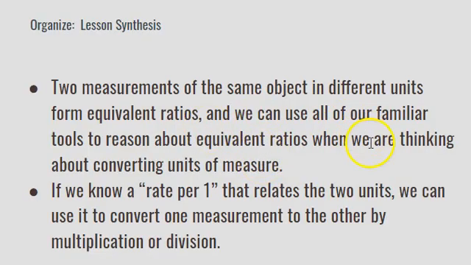So 2 measurements of the same object with different units form equivalent ratios. And we can use any of the tools that we talked about before to help us find that out. The double number line and table and such. Rate per 1 is quite helpful a lot of times, but not necessarily something that we use every single time. Just depends on the situation.